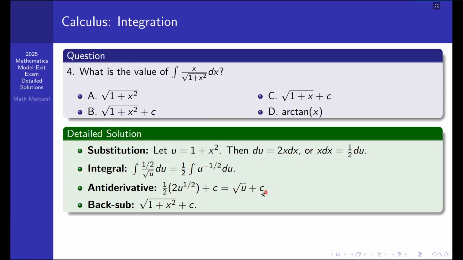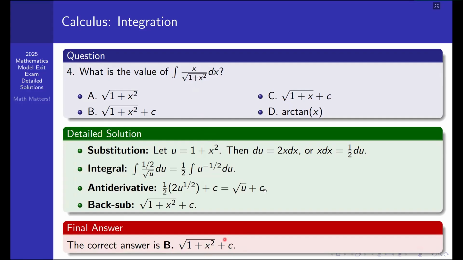But u is let to be 1 plus x squared, so using back substitution, we have the square root of 1 plus x squared plus c, where c is any constant. Therefore, the right answer for this integral is, I think, simply B, which is the square root of 1 plus x squared plus c.